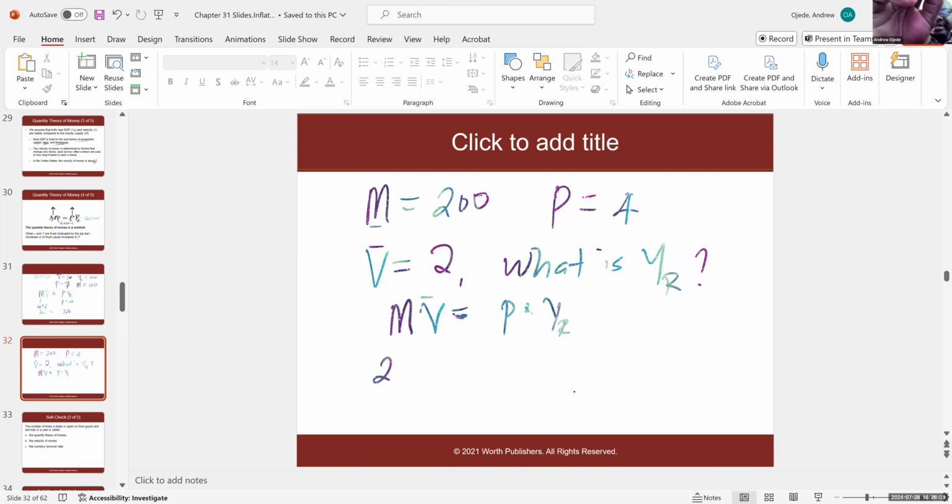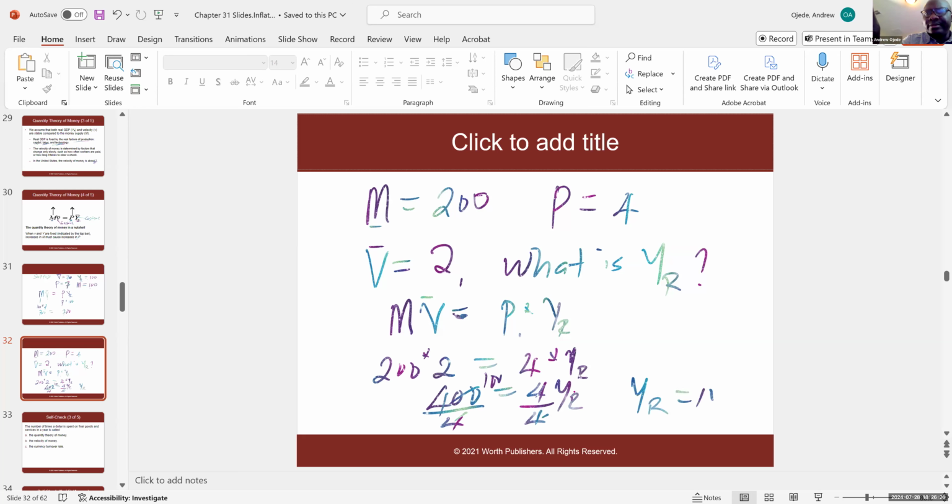M is 200, times V which is 2, must equal P which is 4, times YR. That's what we're going to solve for. So 400 equals 4 YR. Solving for YR, you divide both sides by 4. 4 goes into 400 100 times, so your YR is going to be 100.